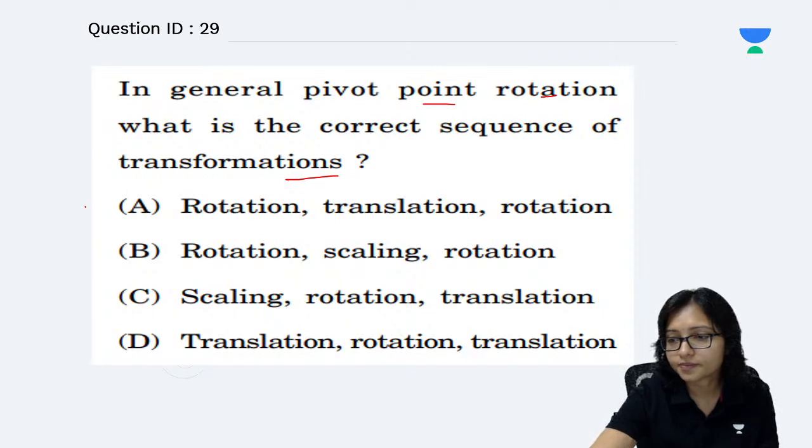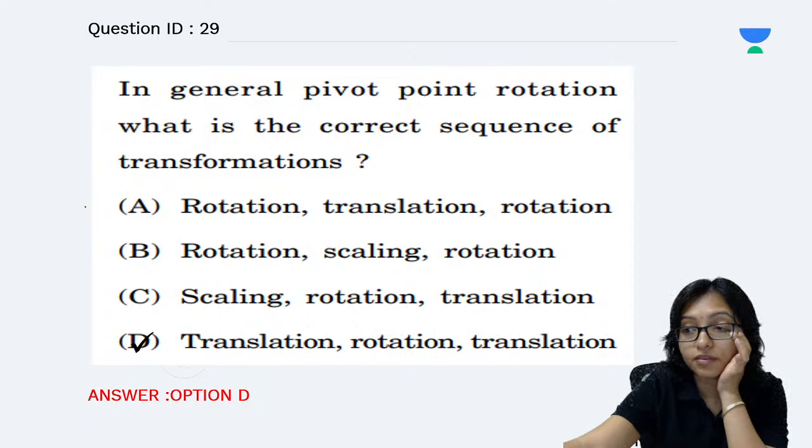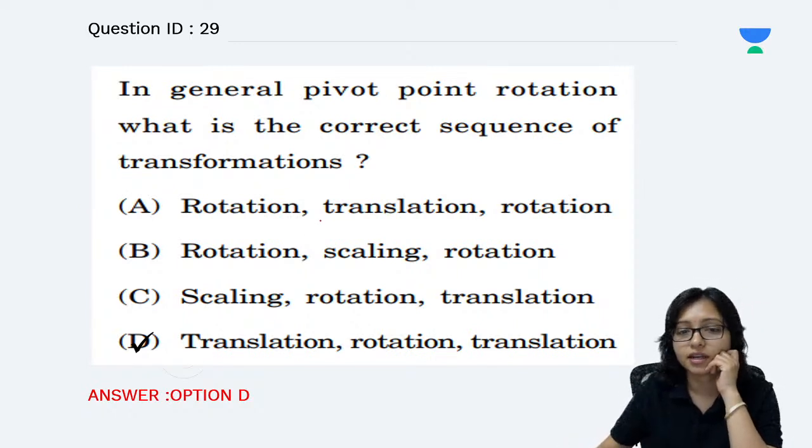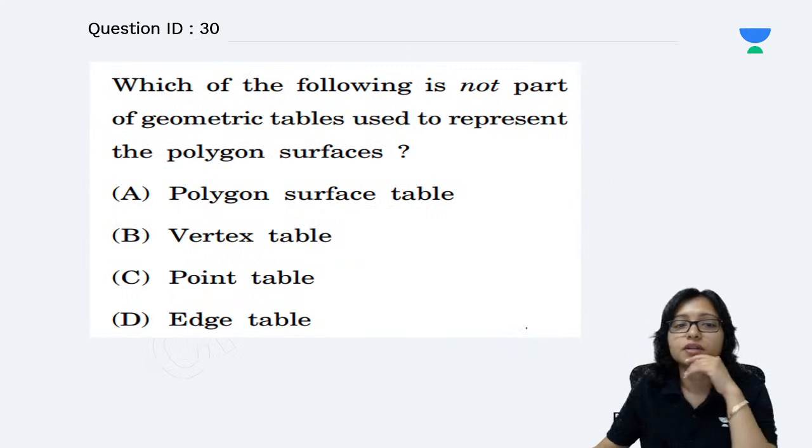Answers are coming. Here the answer will be: first of all you need to do translation, then rotation, then again translation.